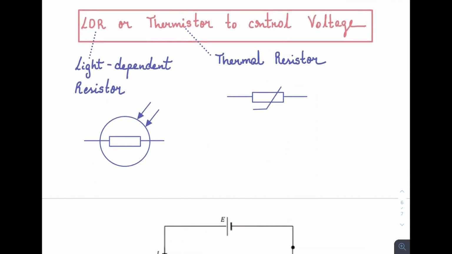Now, we can also devise a simple system using a light-dependent resistor or a thermistor to control voltage. An LDR, which is short for light-dependent resistor, here is its symbol, is a device whose resistance decreases as the intensity of light reaching it increases.